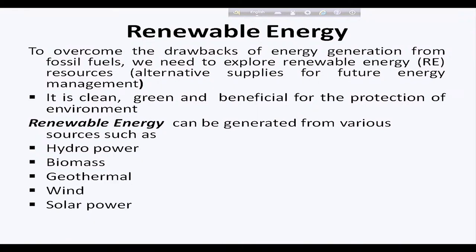Why should we focus on that? Because it is clean and green, and it is also beneficial for the protection of the environment. All of you know that there are different sources of renewable energy: hydropower, biogas, geothermal, wind, and solar power.